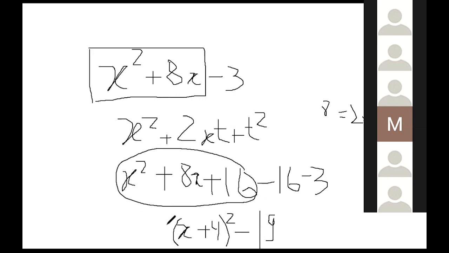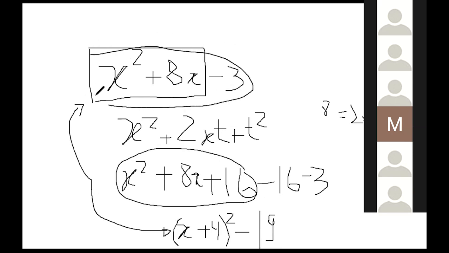So this equation here is exactly the same as the top one. But this one is the standard form, and this one is the vertex form. So they represent exactly the same equation, right?